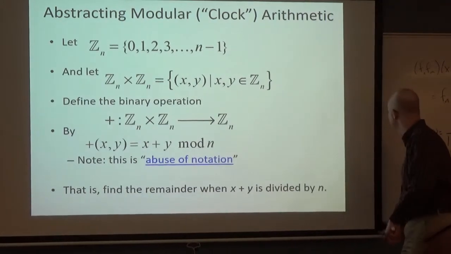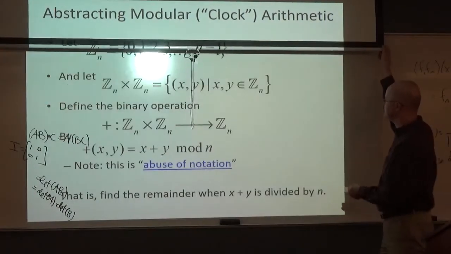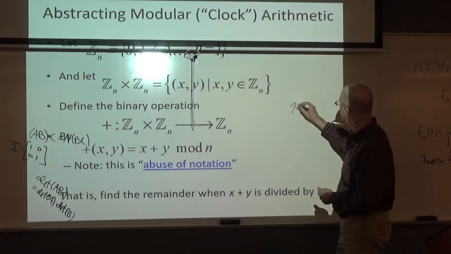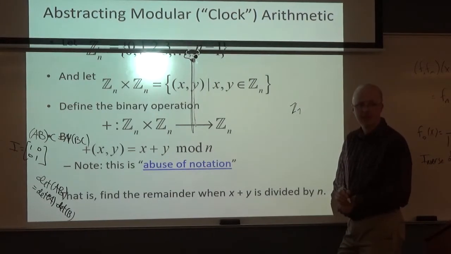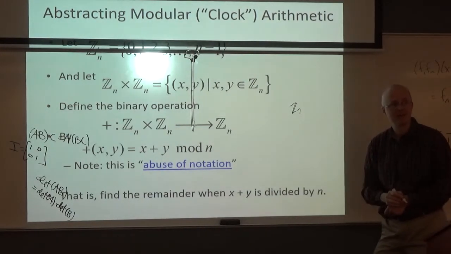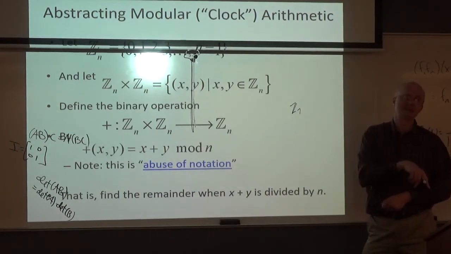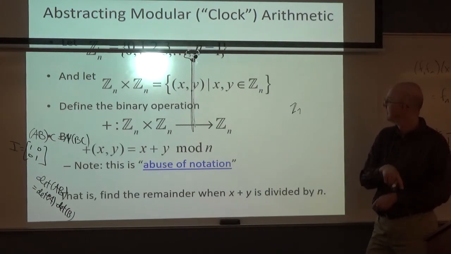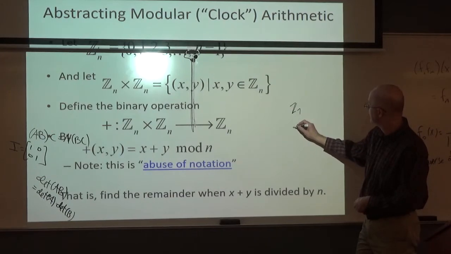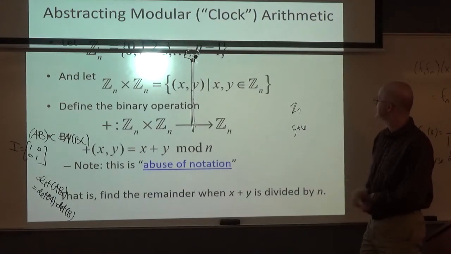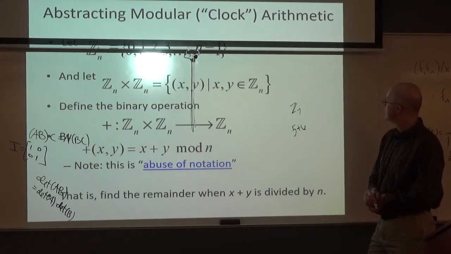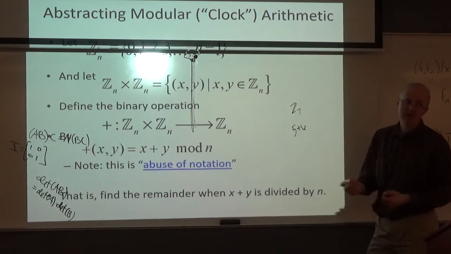Do a quick example again. We're talking about, say, Z7. Elements are 0, 1, 2, 3, 4, 5, and 6, not 7. 7 is equivalent to 0 mod 7, but it's not really part of the set. If you want to do, for example, 5 plus 6, you take that number as an ordinary number, 11, and mod by 7.